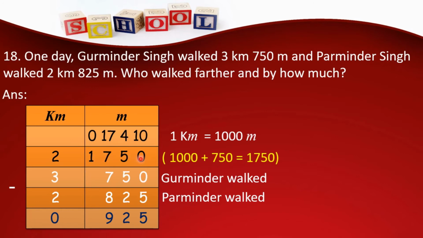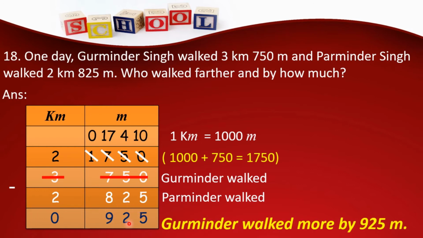So we cut 750 and we subtract 825 from 1750. Now as we borrowed 1 kilometer from the kilometers column, it remains 2 kilometers there. So 2 minus 2 we get 0 here, and we get the final answer as Gurminder walked more by 925 meters.